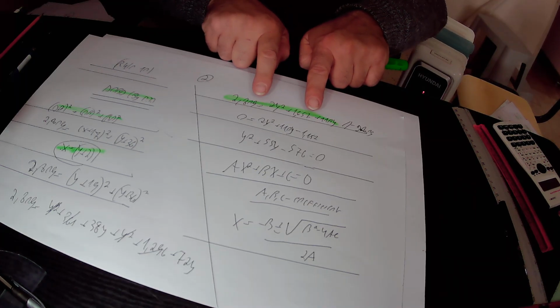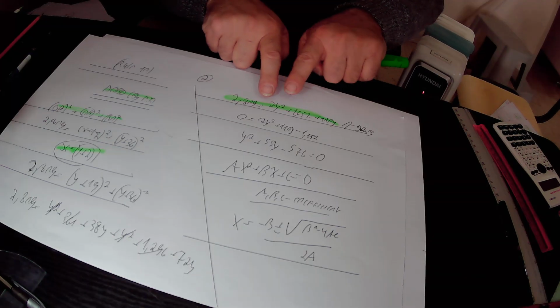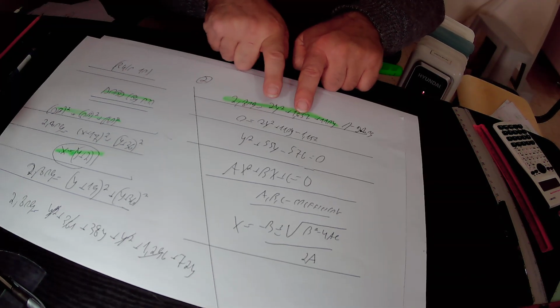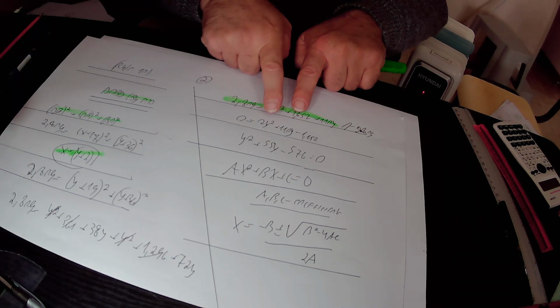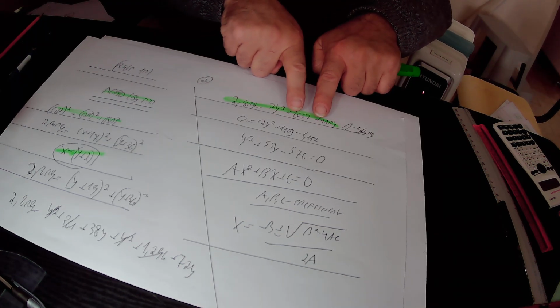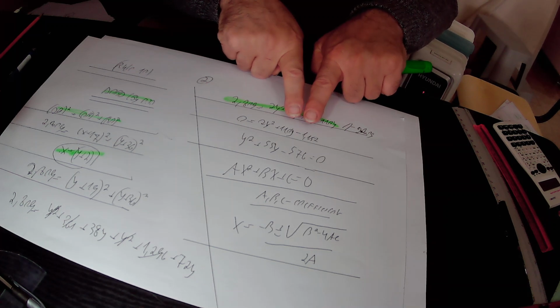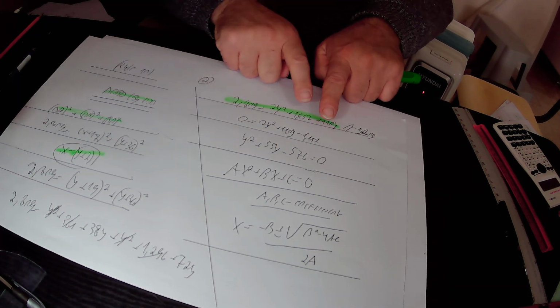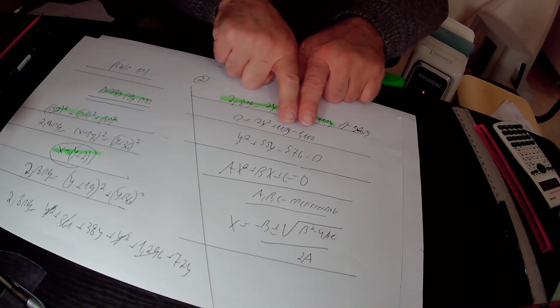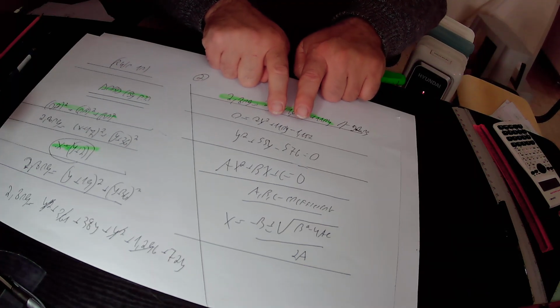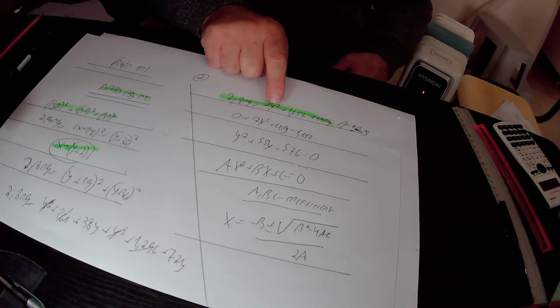Here we divided this equation by 2: 2y squared over 2 is y squared, 110y over 2 is 55y, and 1152 over 2 is 576. 0 over 2 is 0. So in total, y squared plus 55y minus 576 equals 0.